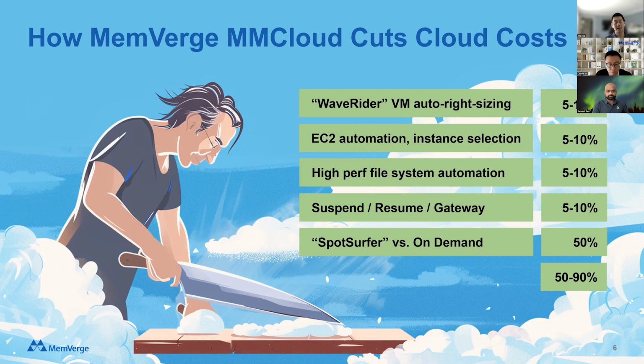We're able to take that memory snapshot and then resume this running state of a job or application onto a new EC2 instance or a new Google Cloud VM that we are provisioning back up for you. And so in this way, you're not losing the progress of the workloads that you're running, even though you're running it on spot instances. So it's as if you're running a workload continuously from the beginning to the end.